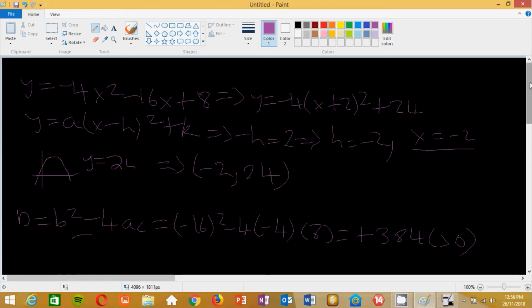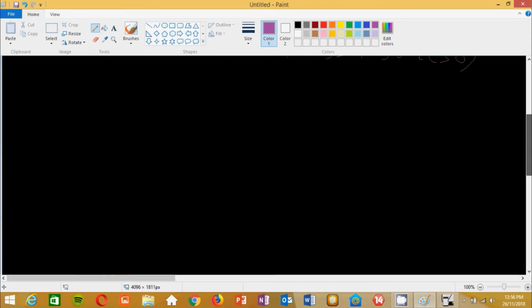Now that we know the curve is going to cut the x-axis at two different points, the next step is to ask ourselves, well, what are those 2 points? And if you want to find the coordinates where this curve is cutting the x-axis, you simply solve the quadratic equation of that function. So the function is negative 4x squared minus 16x plus 8.